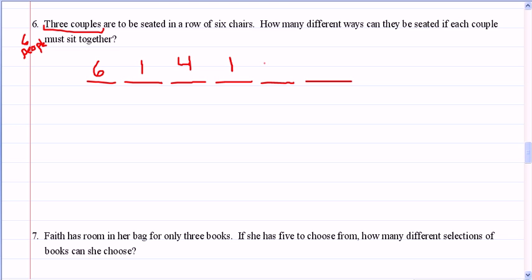So the 2 people that are left, any of the 2 people can sit here. With only one person remaining, we have 6 times 1 times 4 times 1 times 2 times 1 is equal to 48. So there are 48 different ways that the people could be seated.